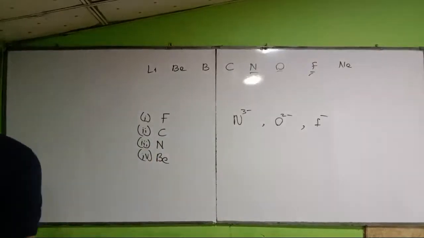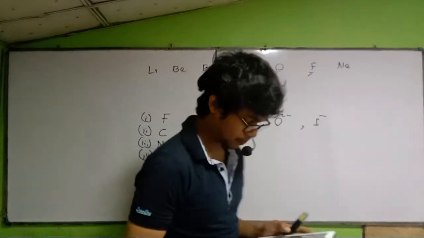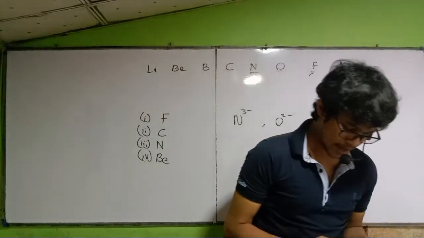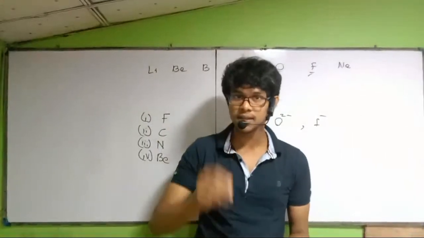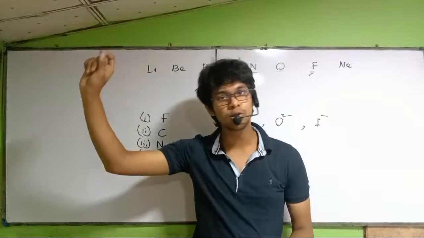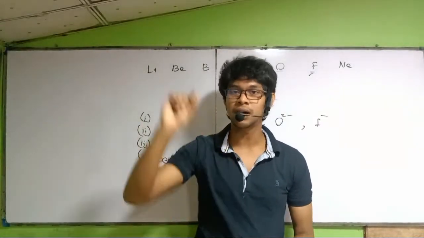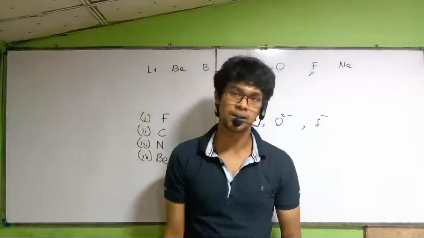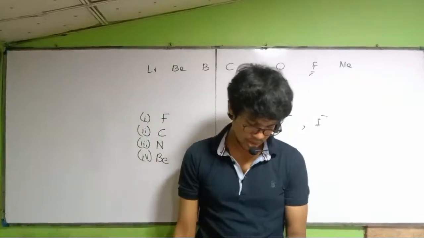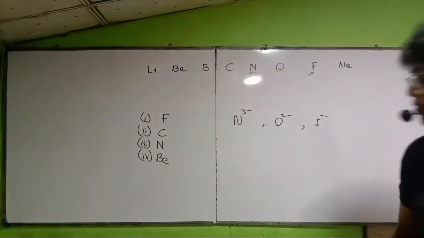People, next. Identify the element that has the highest first ionization energy. People, you know this. The ionization energy graph, we drew a ladder: one up, two down, one up, two down, like that, as we discussed. So it should be neon, right? Why?